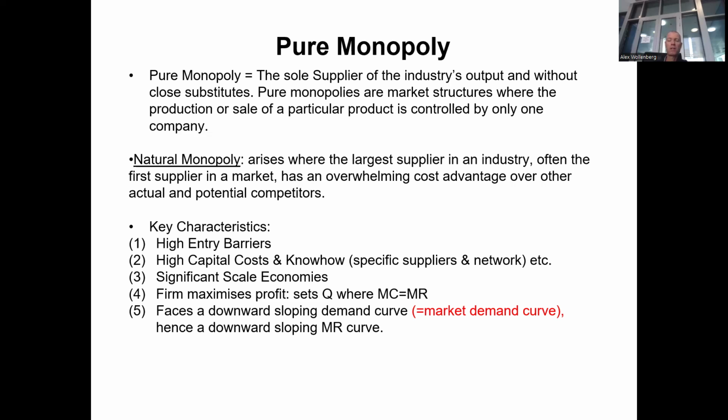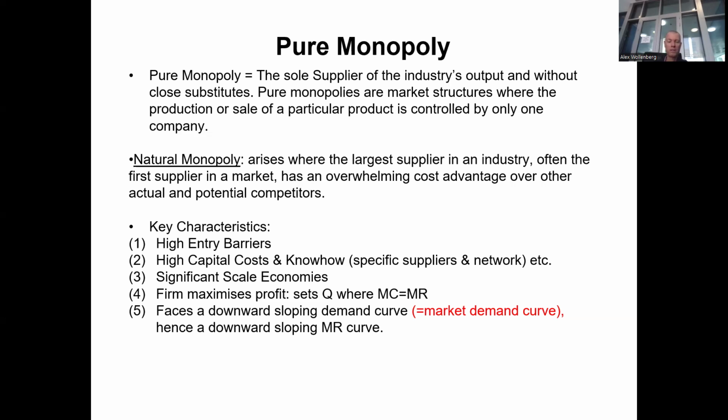High entry barriers can be, for example, high startup costs, high fixed costs, high capital outlays. For example, if you want to build an electric utility company or a nuclear power plant, it's very expensive, obviously. You also need specific technology, specific know-how.